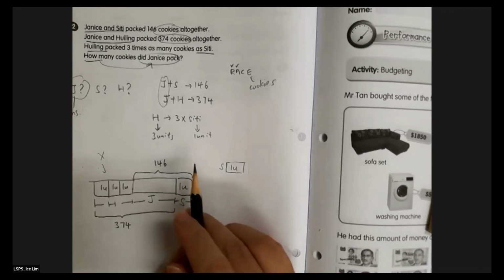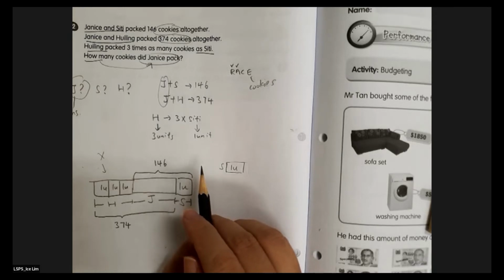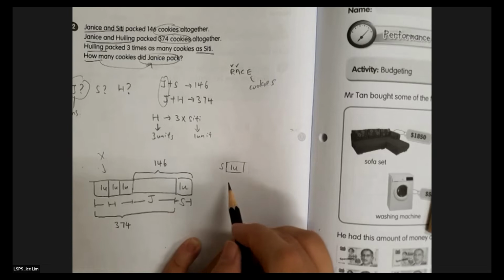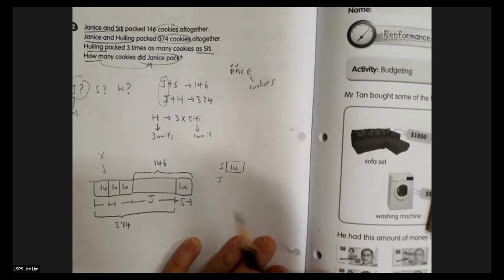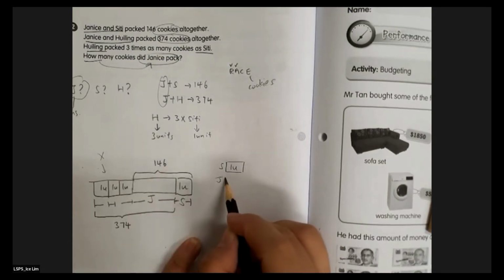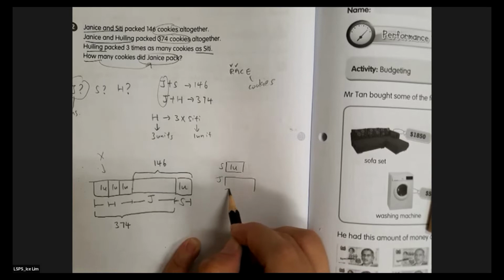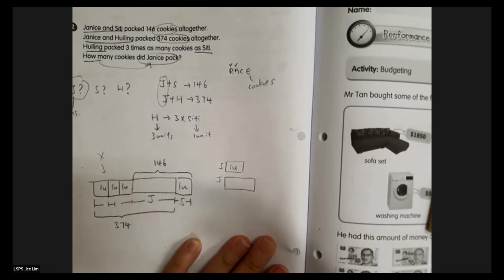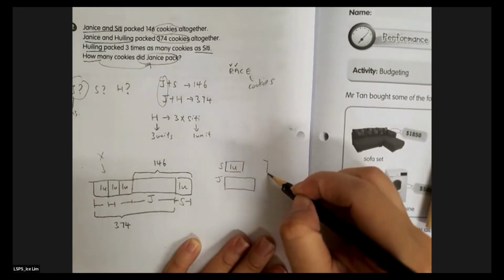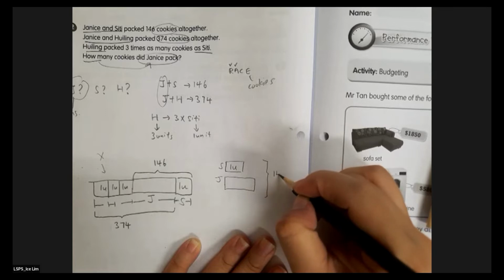And then there was this Janice here. Janice, actually not sure how much she has. But we know that, okay, maybe like how I drew here, maybe it's this size. I'm already not sure what size is hers because it's not really stated. But the thing I know about Siti and Janice is that it's 146.